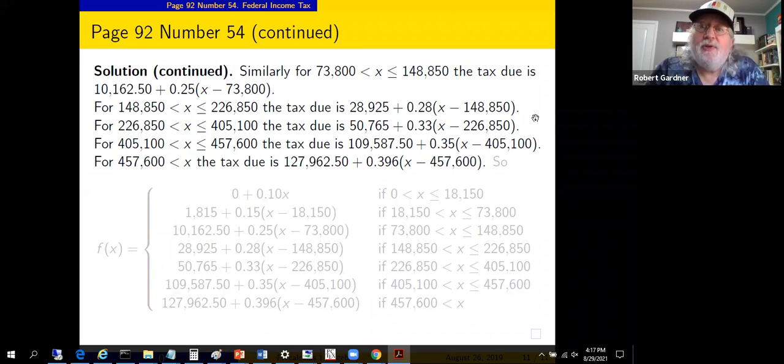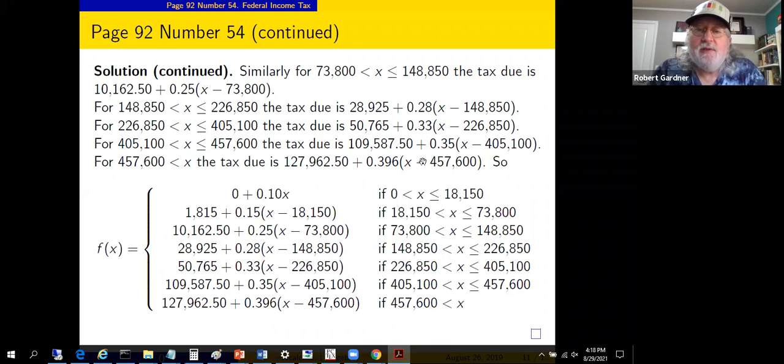That chart produces these things, so we can use this stuff over here on the right as output of a function. So you get this stuff as the output of the function, and it's a piecewise defined function. X being taxable income determines which piece you use, which bracket you're in, and the brackets affect the numbers.